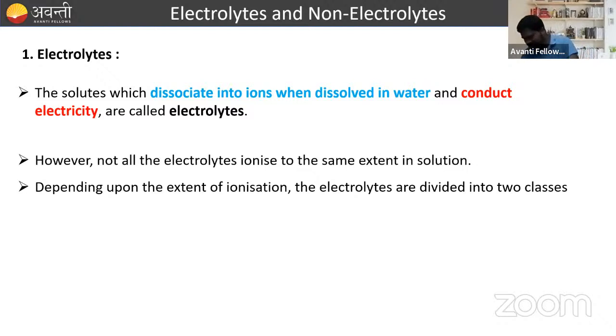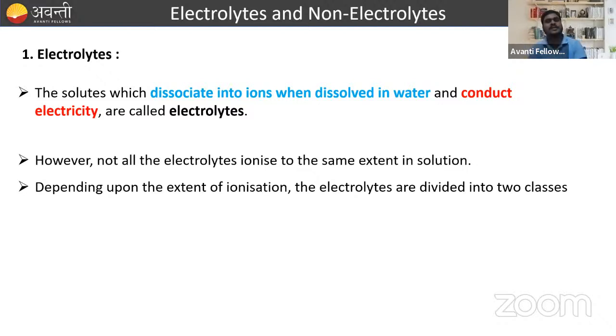Can anyone explain this? What are electrolytes and non-electrolytes? Anyone? No one? Okay, let me explain.